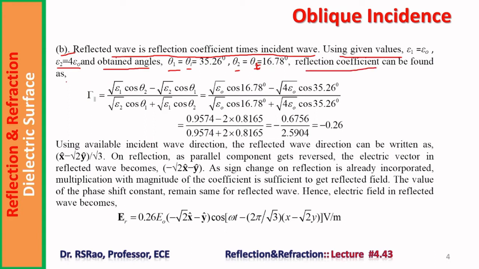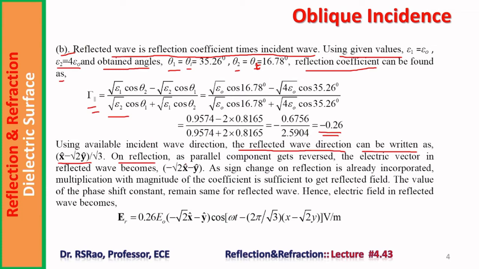The reflection quotient can be found using this somewhat complex looking expression. Substituting all these values, one can obtain the reflection quotient as minus 0.26. Using the available incident wave direction, the reflected wave direction can be written as x cap minus root 2 y cap by root 3.